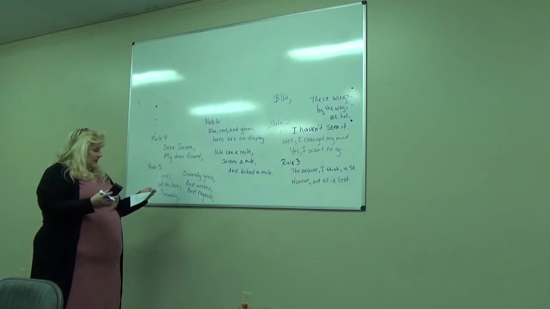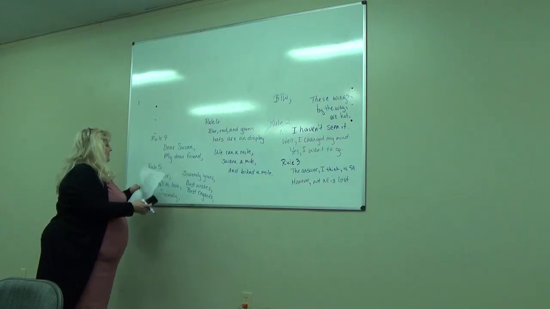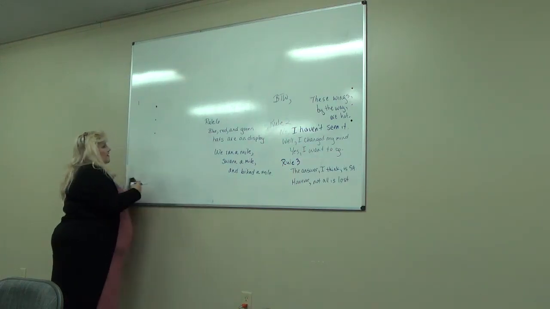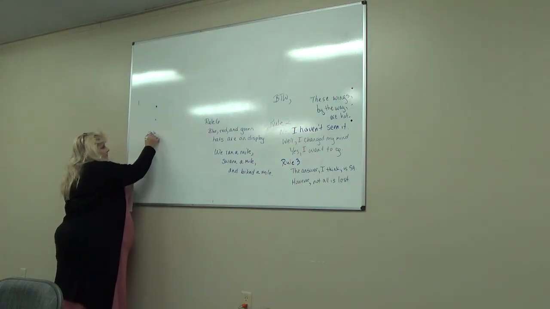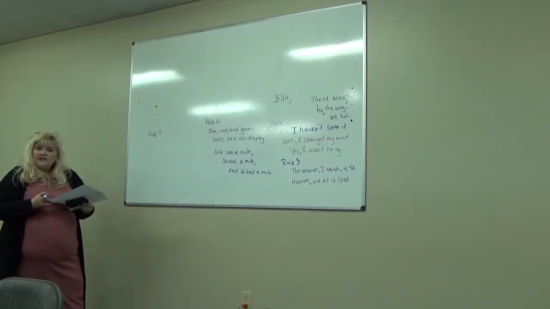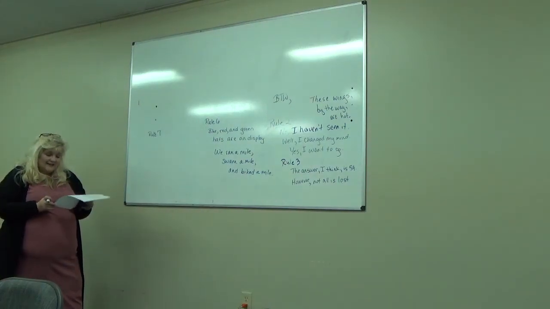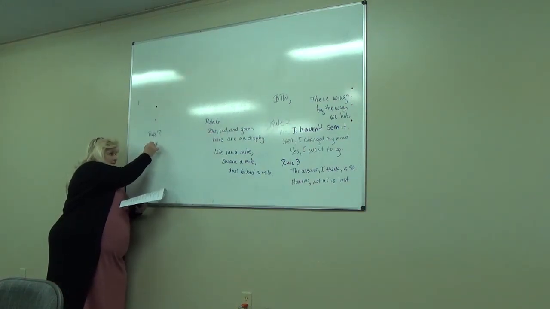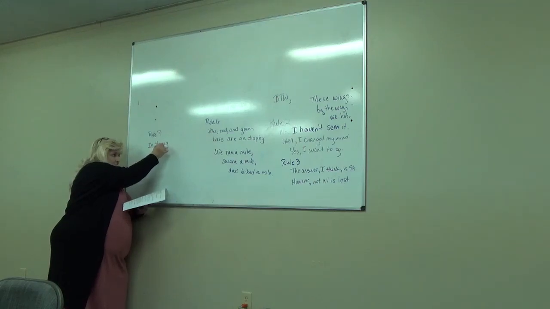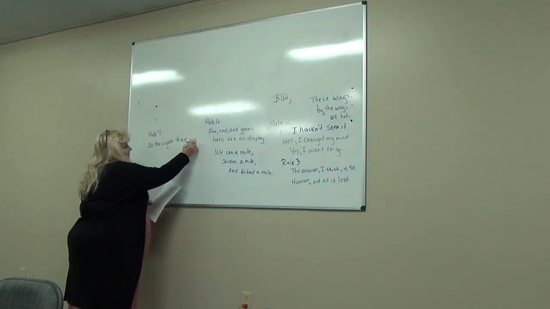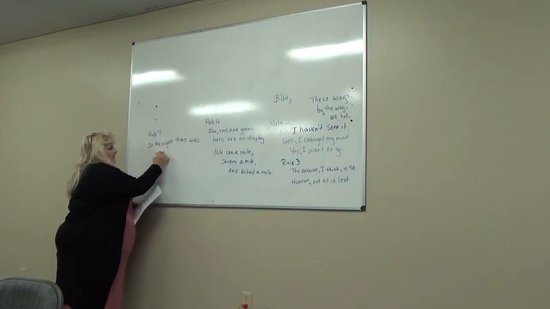All right. Rule 7. Rule 7 is use a comma to clarify a sentence. Now, if I say, in the night, time was extremely important.